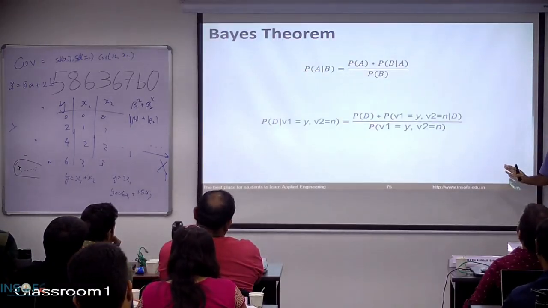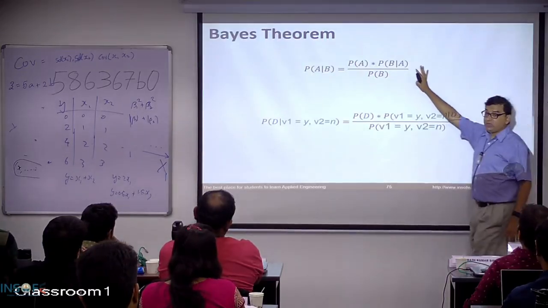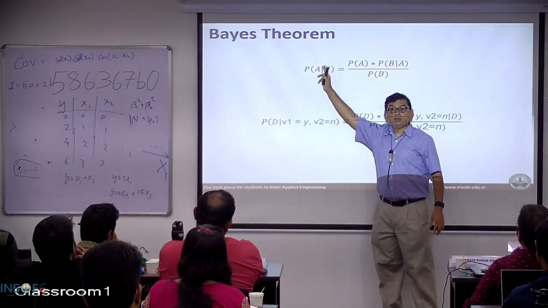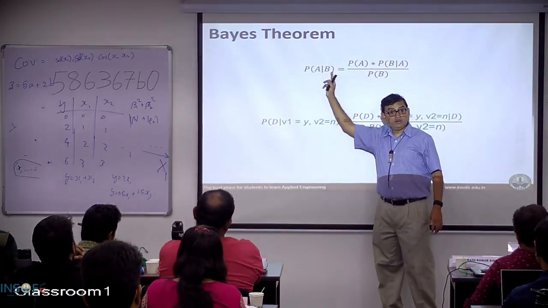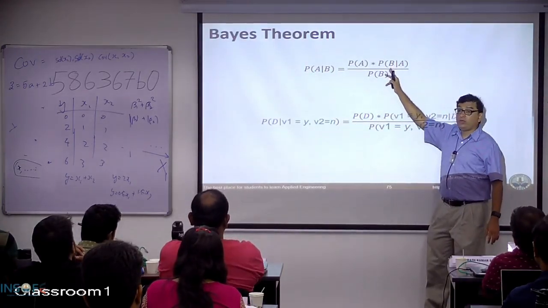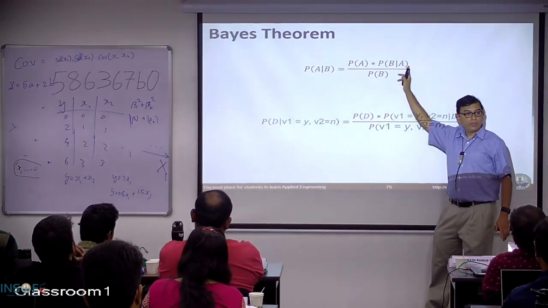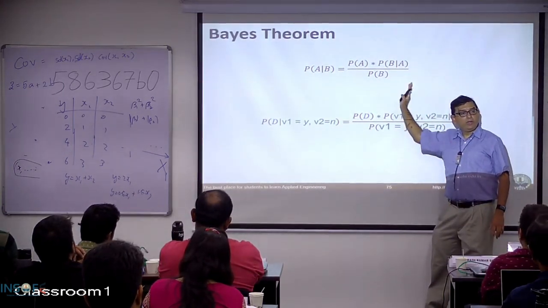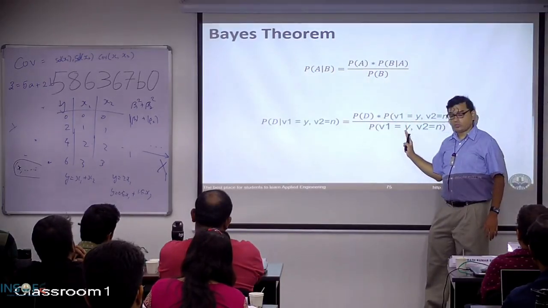This was the Bayes relationship. The probability of A given B can be expressed in terms of the probability of B given A. For this problem, that translates as follows.